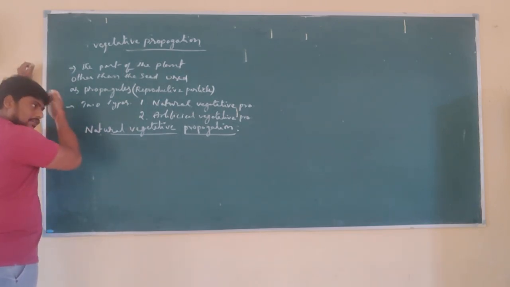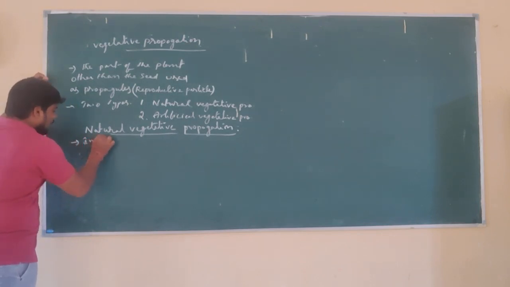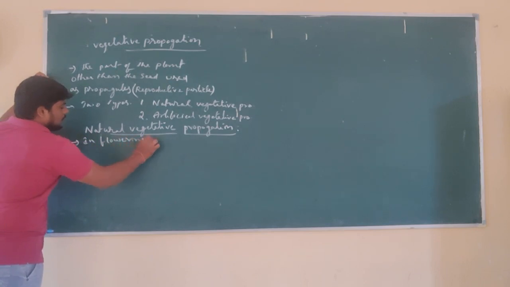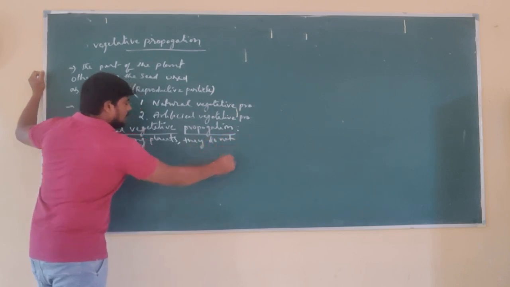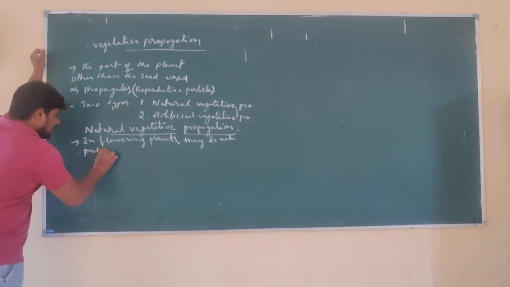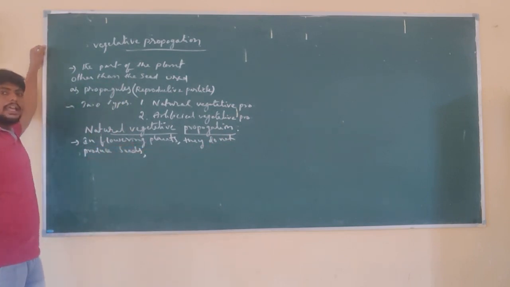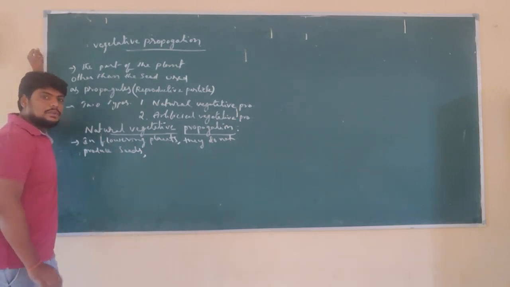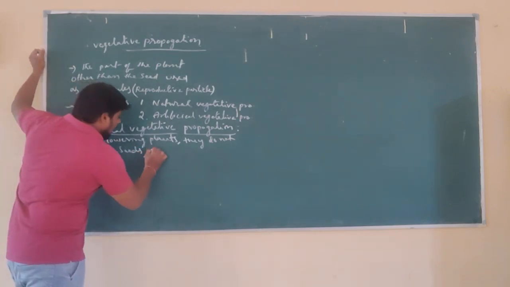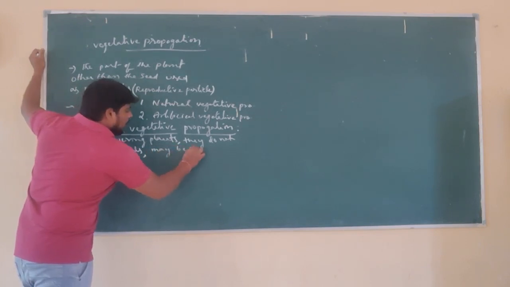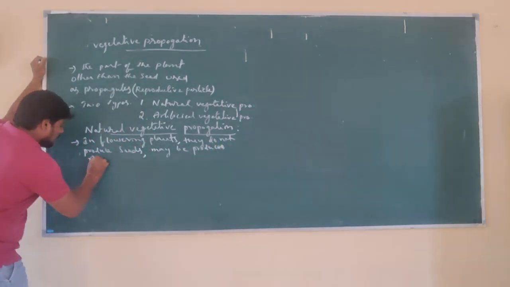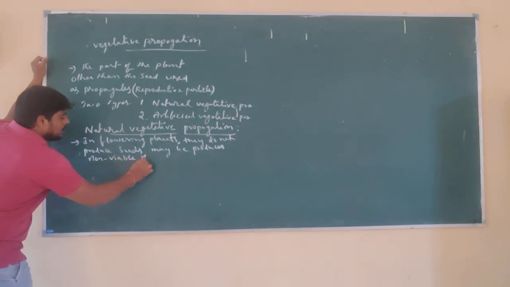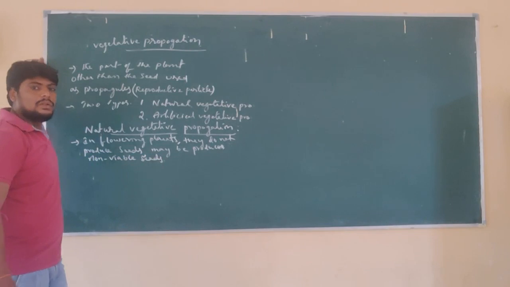So why does natural vegetative propagation occur? In the case of flowering plants, they do not produce seeds, or even though they produce seeds, they produce non-viable seeds.